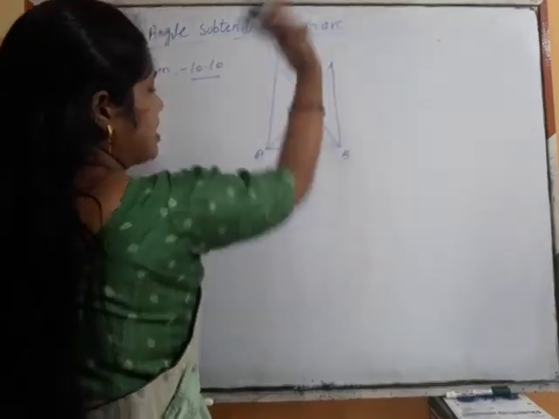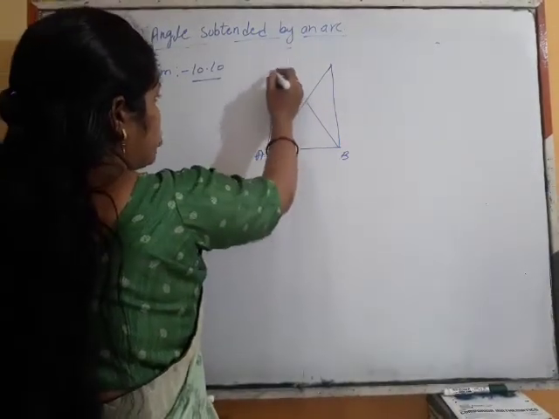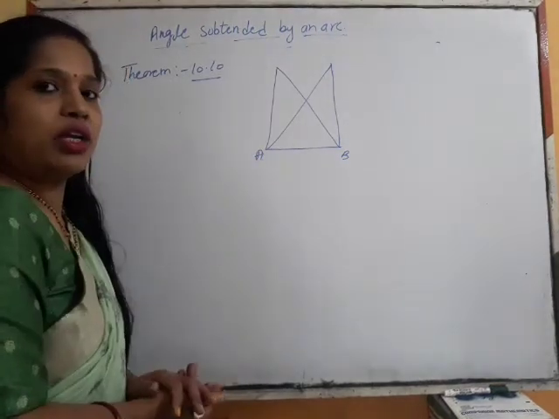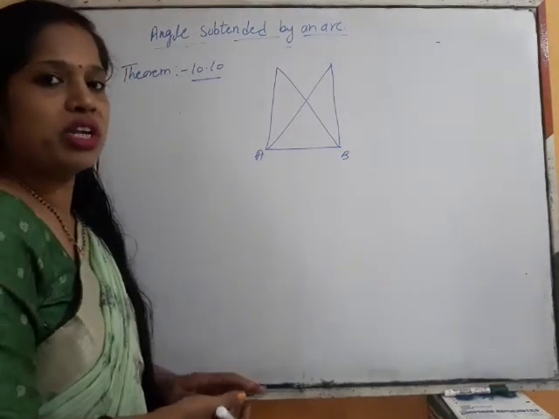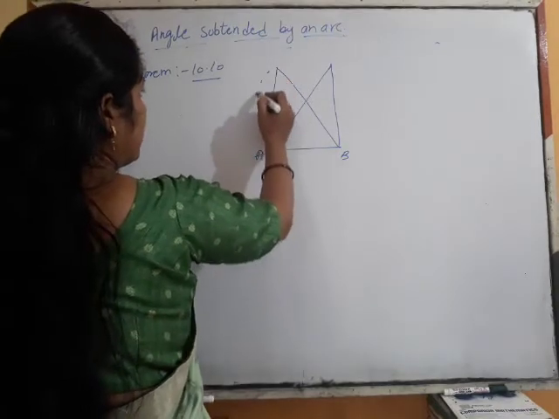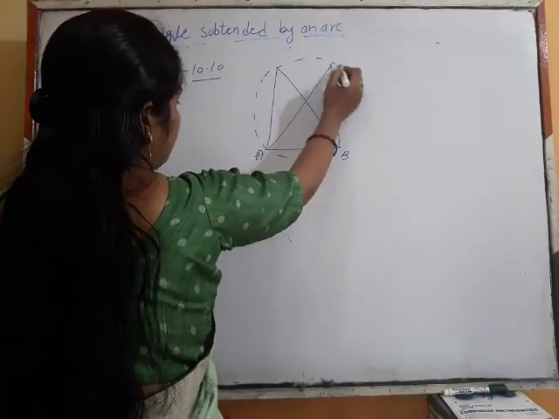These are the points on the same side of the line segment. If I join all these points, they will lie on a circle. That means all four points are concyclic.